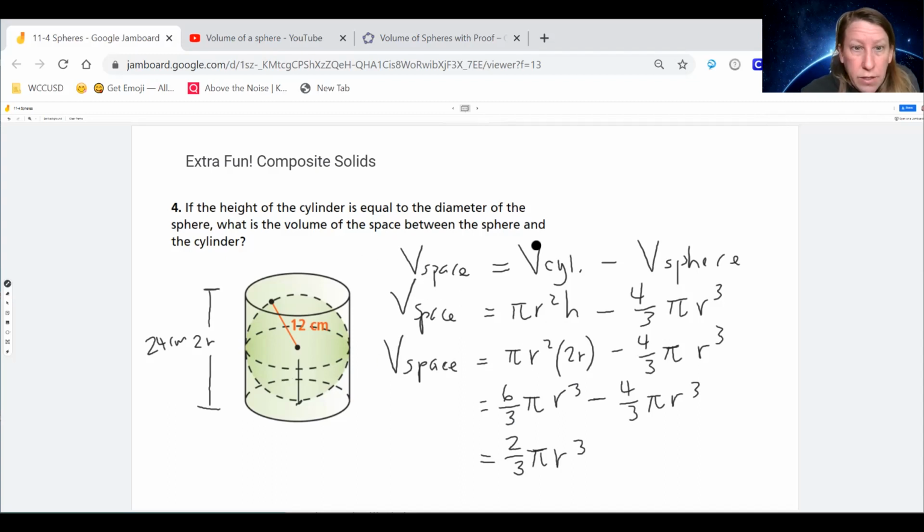Space between the sphere and the cylinder. This should be 1/3, so I made a mistake somewhere. Oh, I see it. I made a mistake right here.